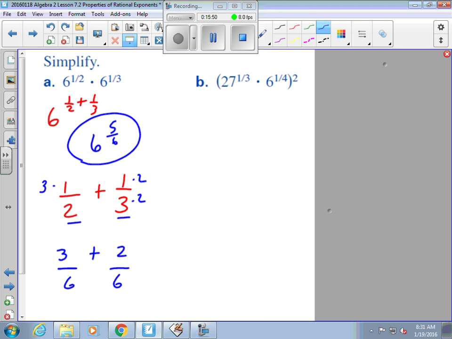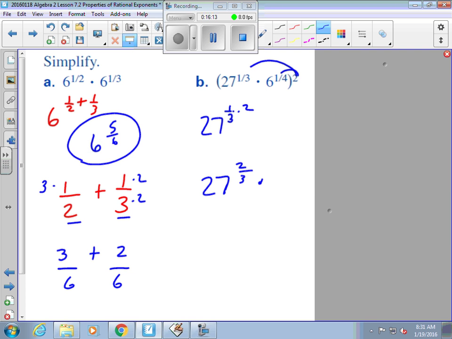Again, anytime you're raising powers to powers, you need to give that second power to both parts of this monomial. 27 to the 1/3 squared is 1/3 times 2, which is 2 over 3, so 27 to the 2/3.